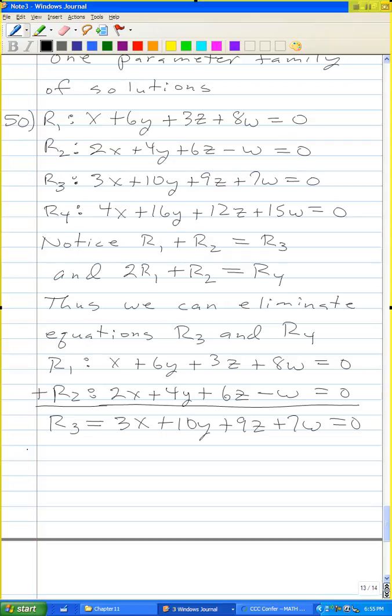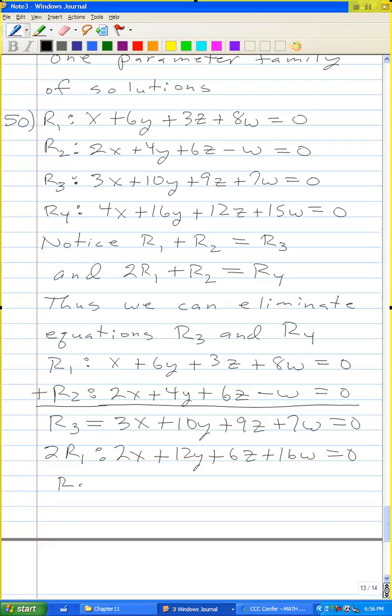And let's look, that is the same as R3. Now let's look at what I said, 2R1: 2x plus 12y plus 6z plus 16w equals 0.